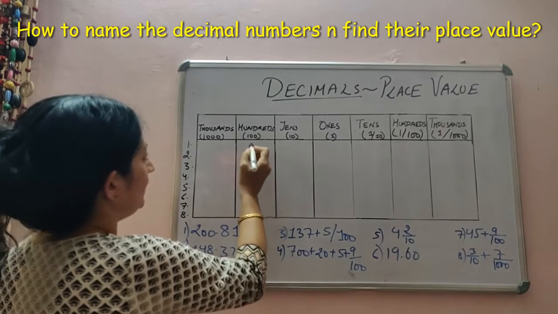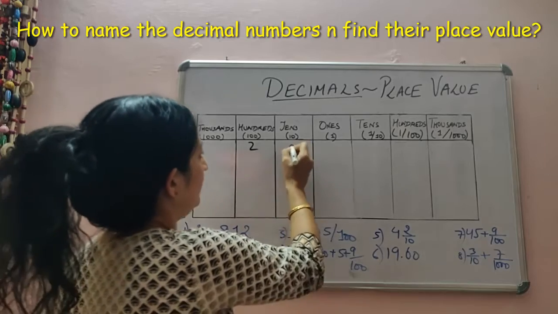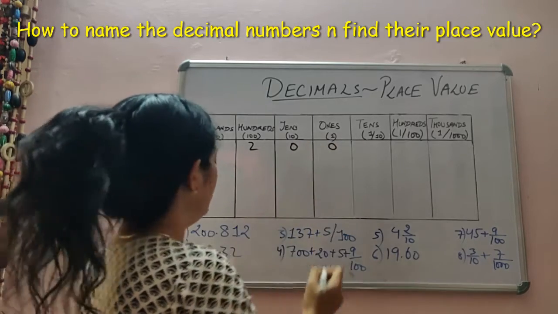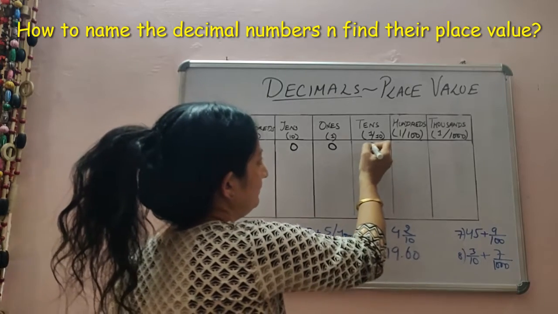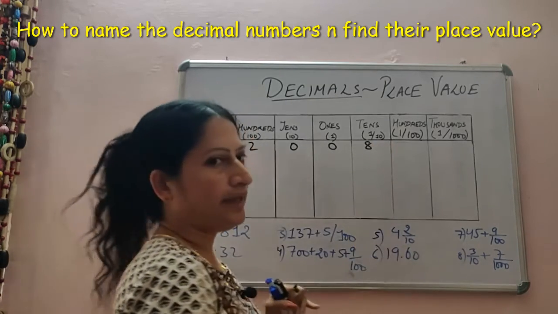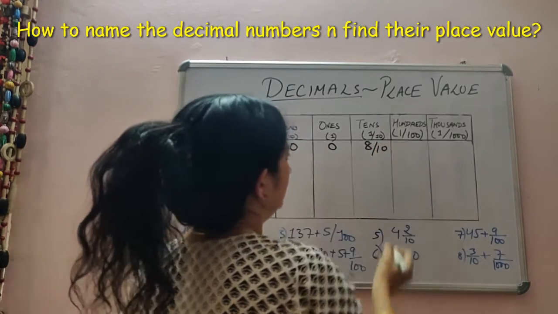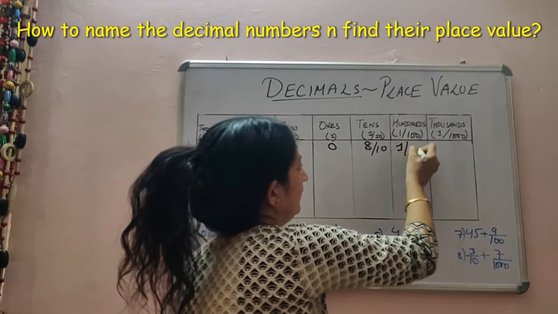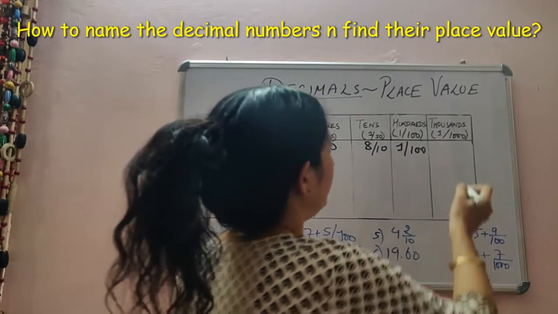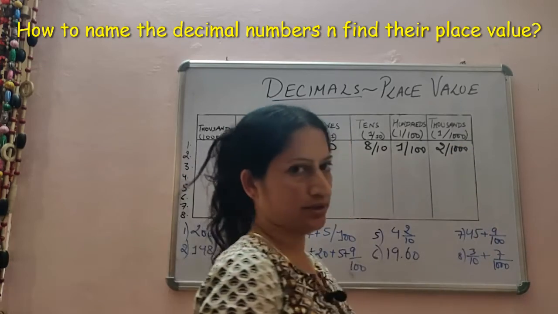I will start from 200, so here it will be 2, then 0, 0. Then after the decimal, it will become 8 by 10, then 1 by 100, and this will become 2 by 1000.